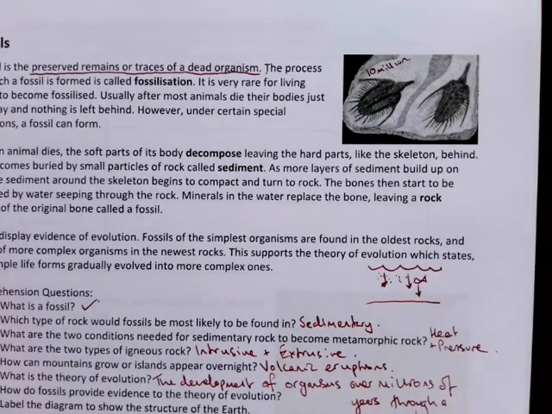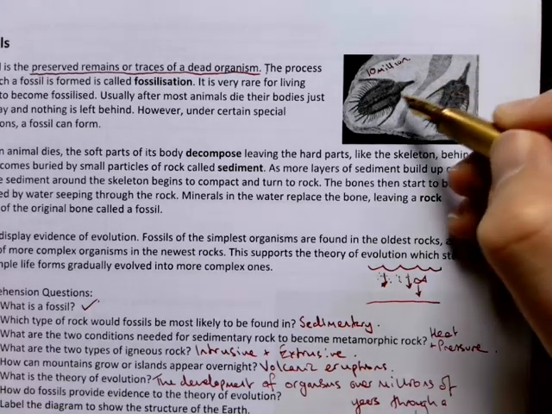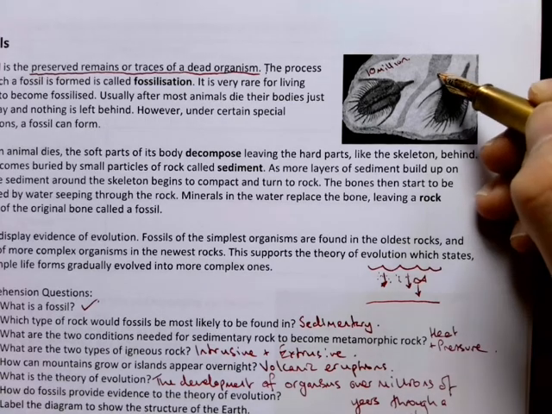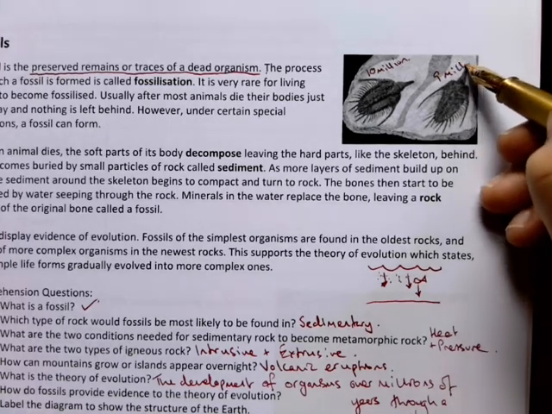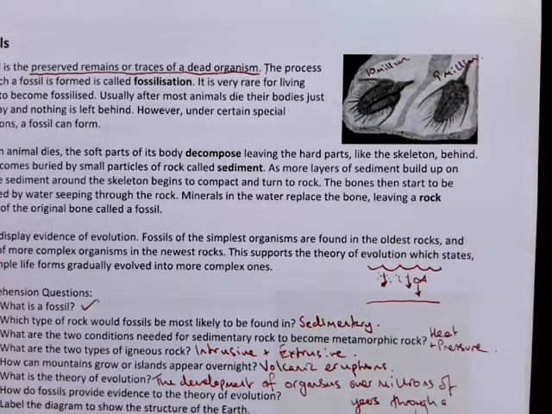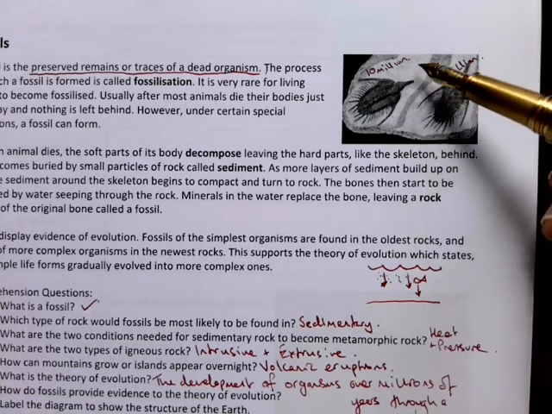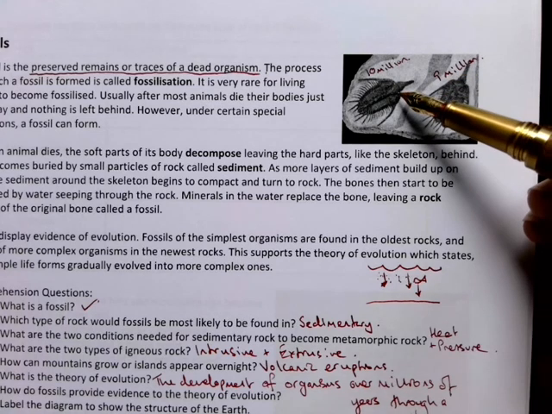And then this one here would be the same organism, but from, for example, 9 million years ago. I'm just making these numbers up. Now there's a million years difference.